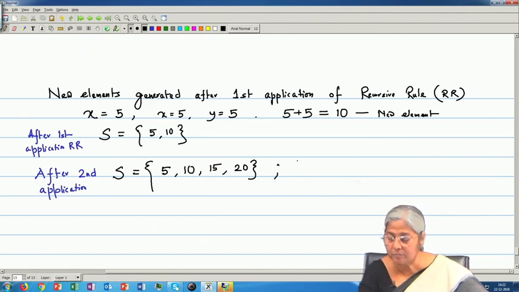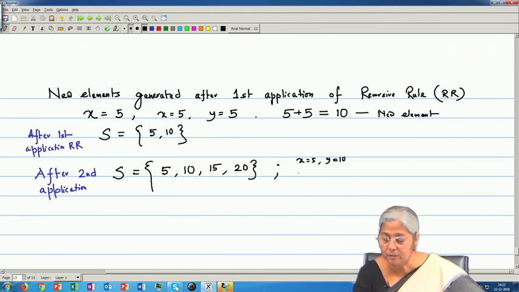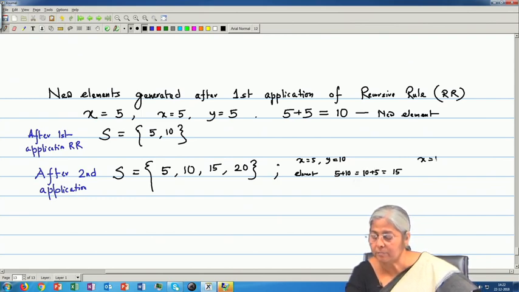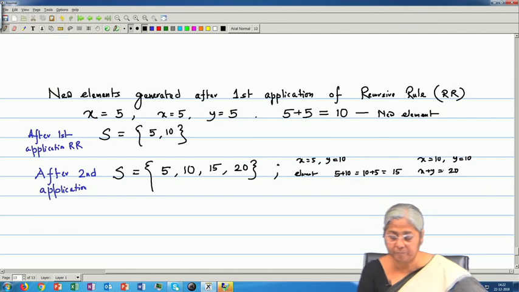Because now x equal to 5, y equal to 10. So, the new element is 5 plus 10 equal to 10 plus 5 equal to 15. Now, x can be 10, y can be 10. So, x plus y becomes 20.